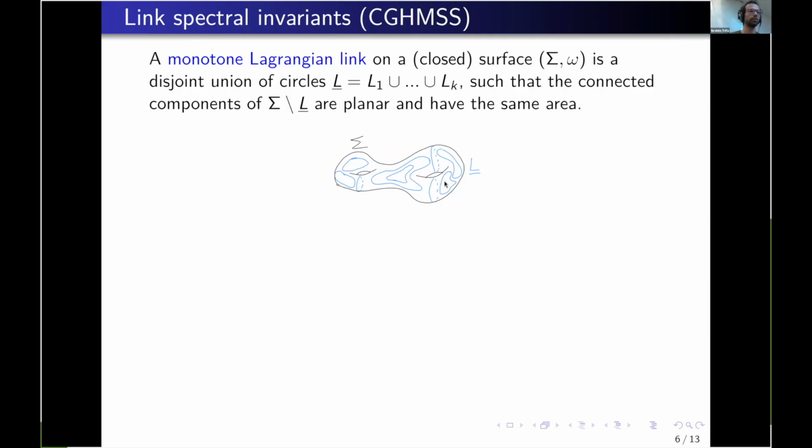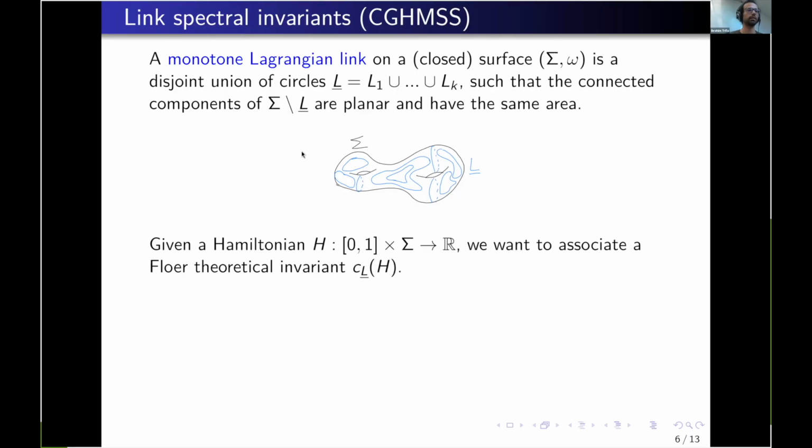So as you see in this picture, we can have nested circles. This is not a problem. They can be contractible or not. But here, since we have genus, we need at least as many non-contractible components in our link as we have genus. Otherwise, the planarity condition would fail.